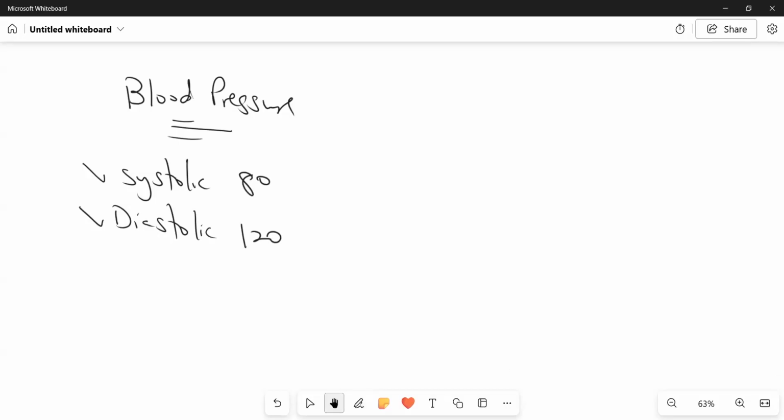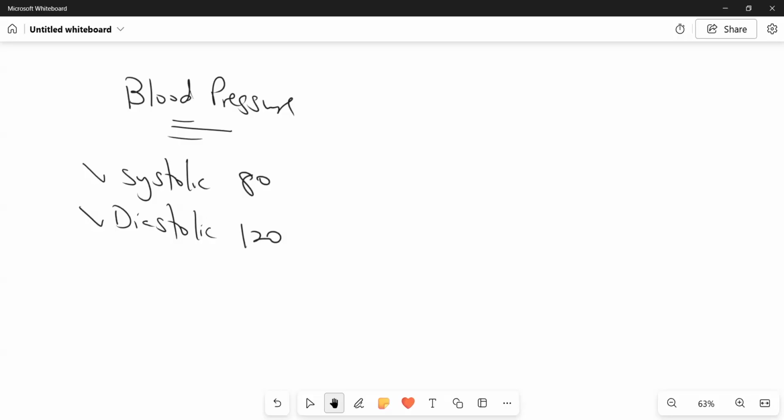Anybody can shed any light on what that is? Sorry, the systolic is supposed to be 120, the diastolic supposed to be 80. Oh, really? Did I get it wrong? Yes, upside down. Okay.